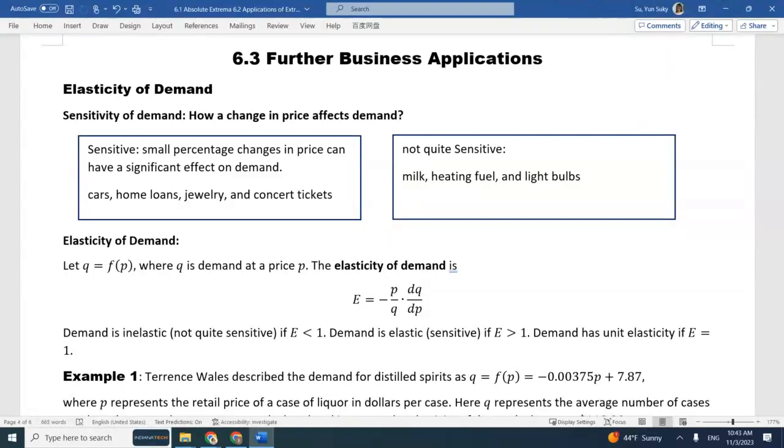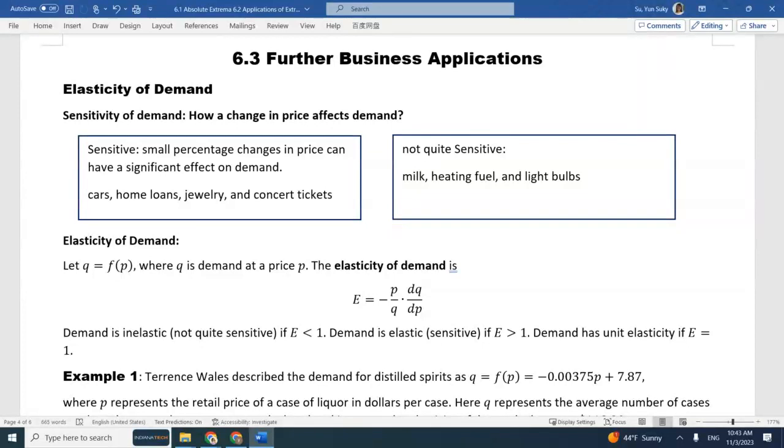But we don't take the derivative here. This is the derivative, dq over dp, and then here is the reciprocal, so P over Q. Okay, everybody? So this is the formula. Demand is inelastic, so not quite sensitive, if E is less than 1.